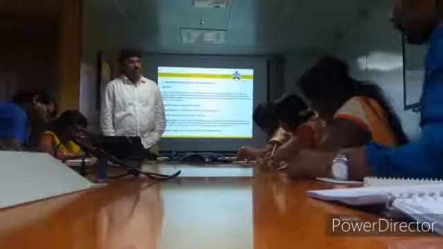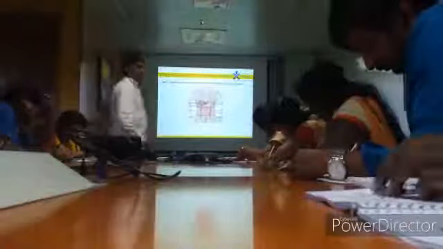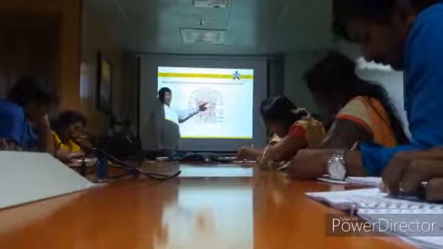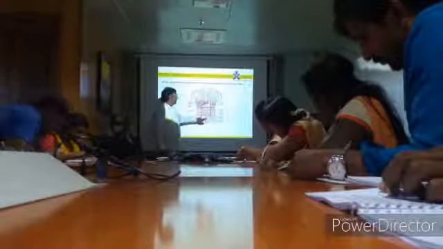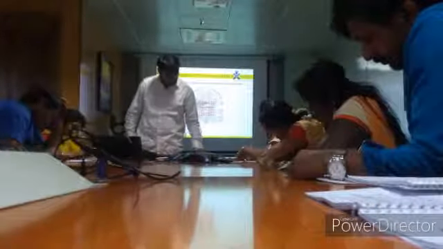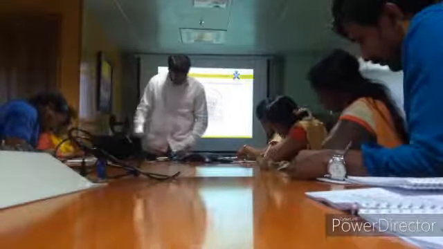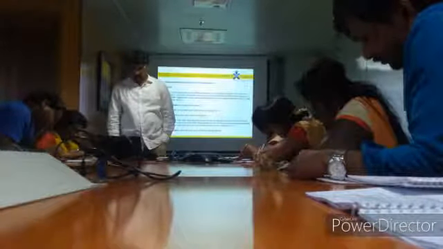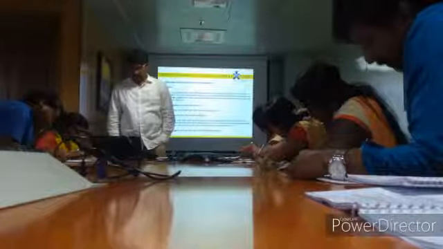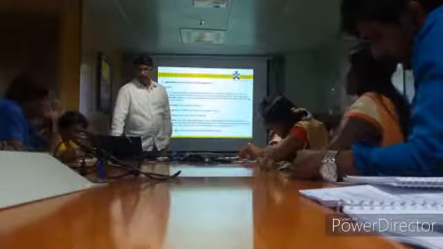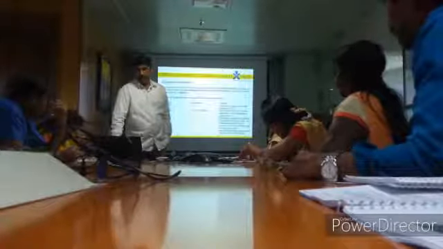Umbilical is the center box. You made this one? Umbilical region, epigastric, hypogastric. Then right hypochondriac, left hypochondriac.